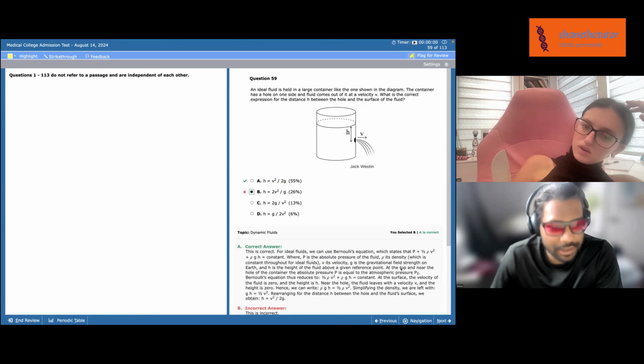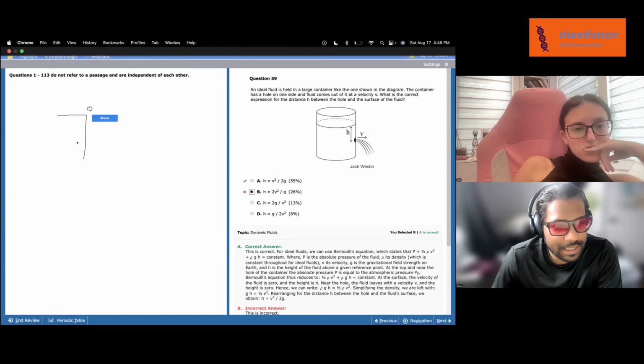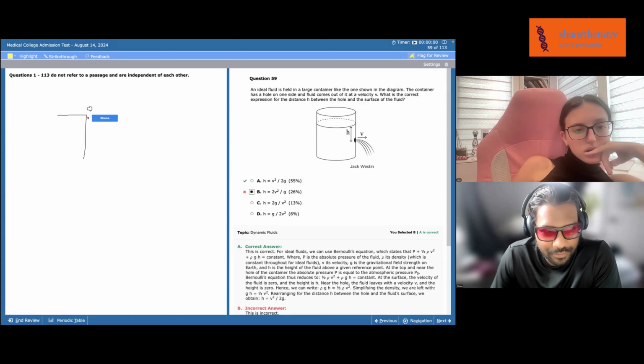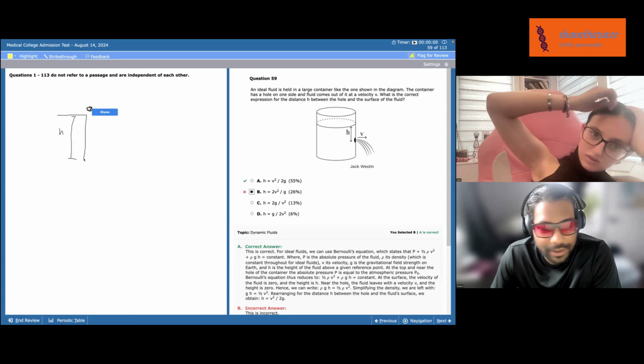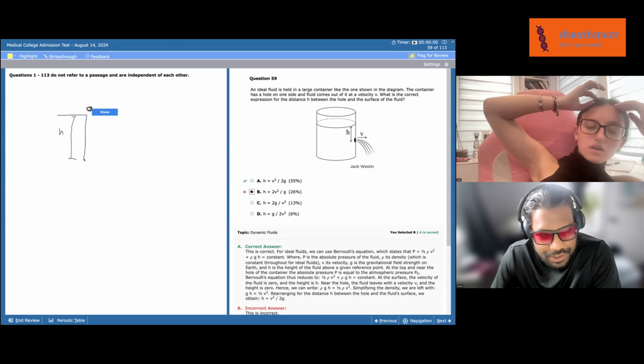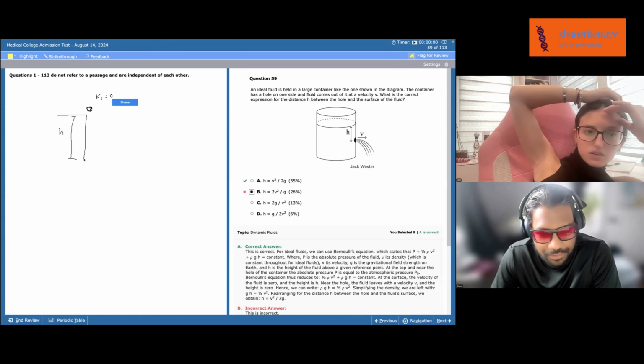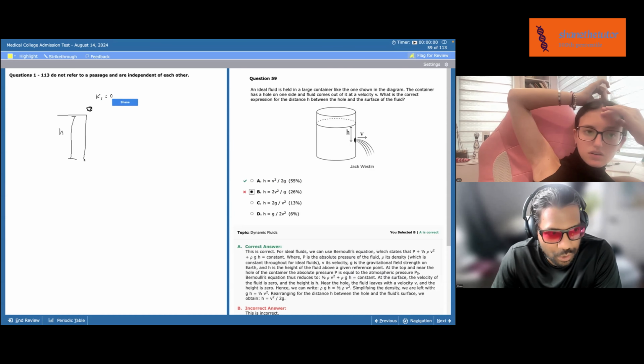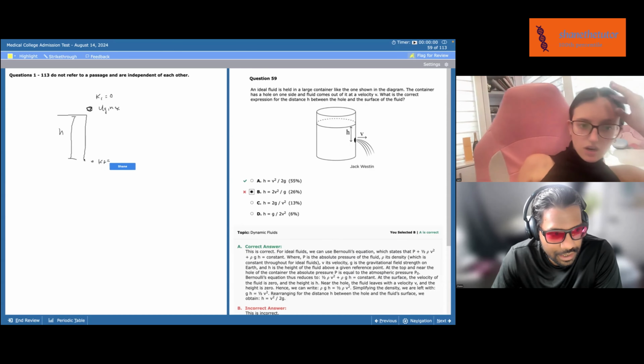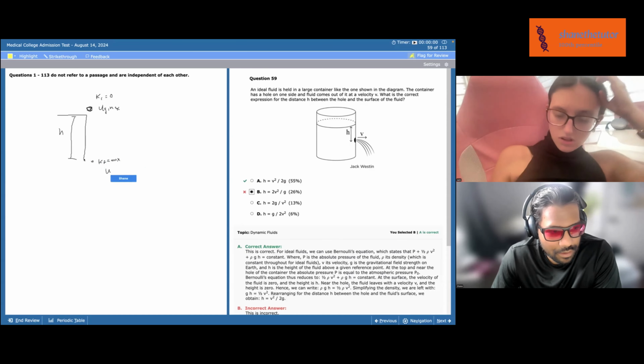Like I went over with you, if I had some ball up here at some height, right before I drop it, it's not moving, so its initial kinetic energy is 0. And its initial gravitational potential is at a max. And when it hits the ground, its kinetic energy is the highest, and potential is the lowest.